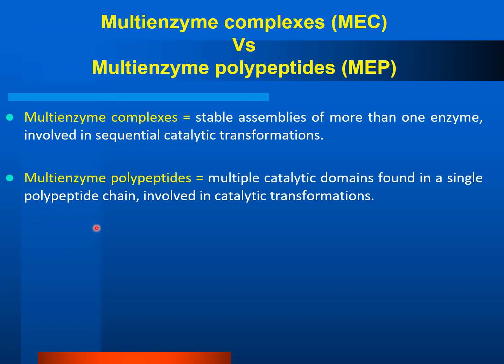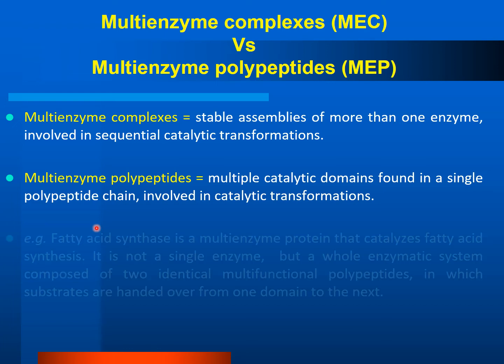On the other hand, multi-enzyme polypeptides would be where the same polypeptide contains more than one catalytic domain, because ultimately it is your catalytic center, your catalytic domain, which is responsible for the catalytic activity, the conversion of substrate into product, what we call catalytic transformation.